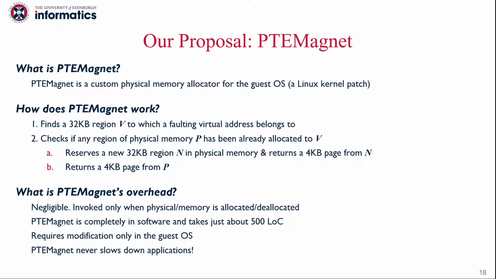PTEMagnet requires a modification of the guest operating system, which is allowed by many cloud providers, for example AWS or Google Cloud. As a result, PTEMagnet can be enabled just by cloud users without involvement of cloud providers. And last but not least, PTEMagnet never slows down applications.